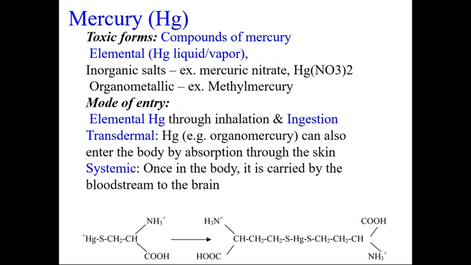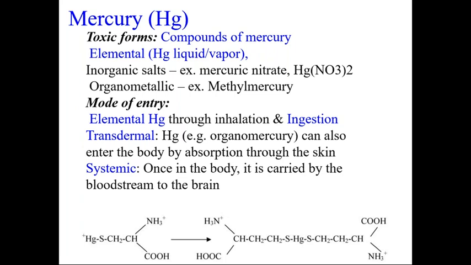The mode of entry of elemental mercury and the vapor is through inhalation and ingestion. The transdermal route, that is methyl mercury or the organomercury, can be absorbed through the skin. And all three can also be systemic, that is, they can be carried to the brain.